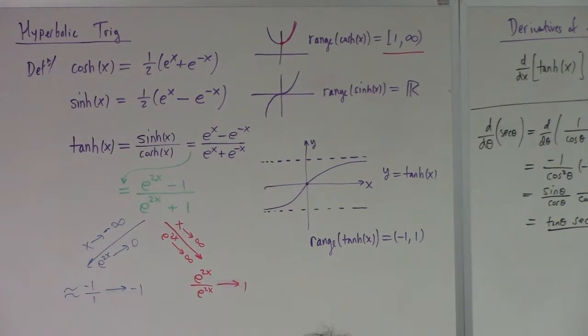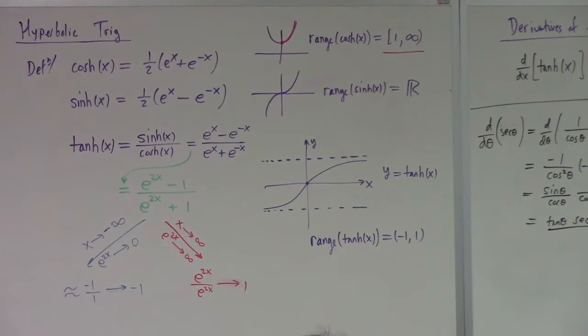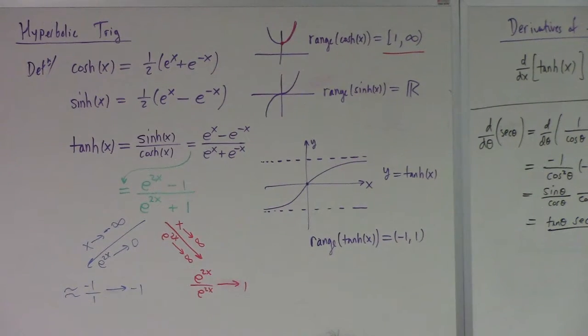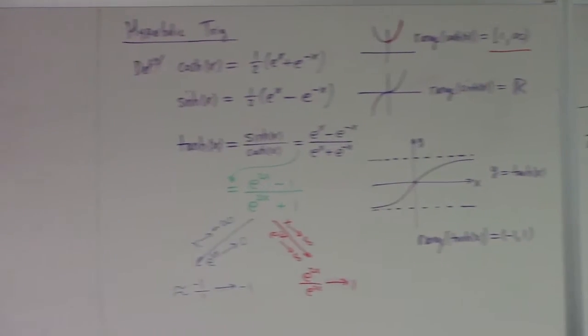It hits 2 points. So we have to pick either one side or the other, and the right side is the conventional choice. So if somebody gives you inverse hyperbolic cosine of something, the answer you give back has to be a positive number. All right, enough about that.